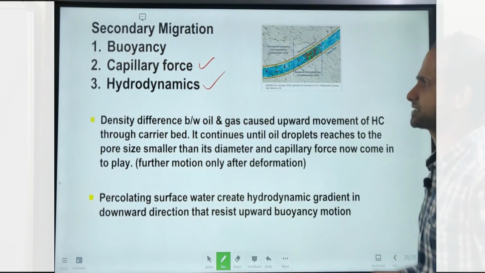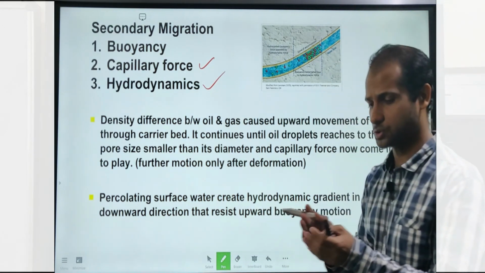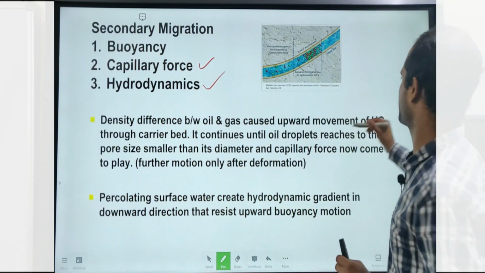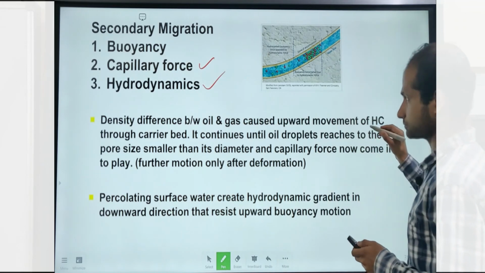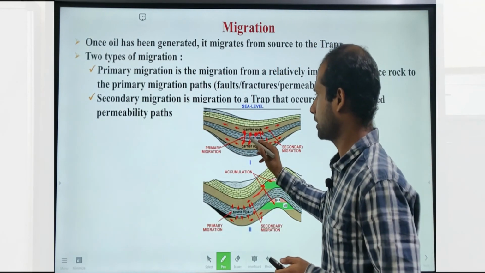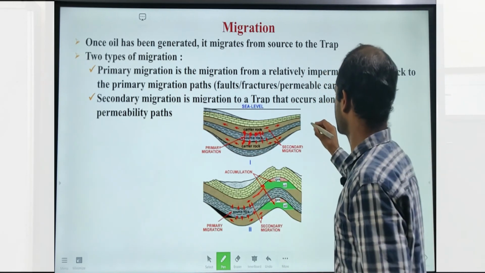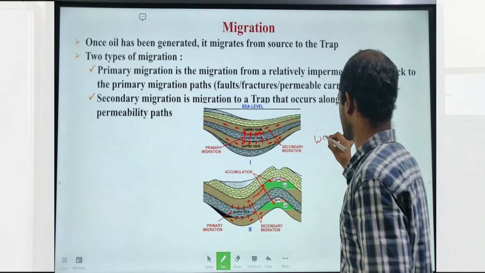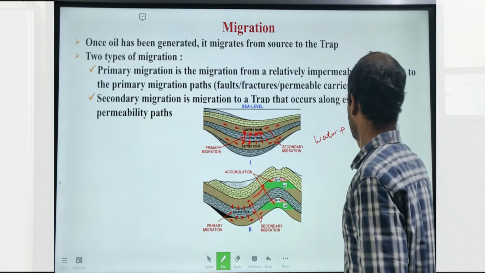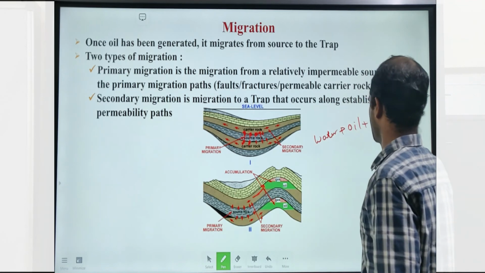Hydrodynamics we have already discussed. So what happens when this hydrocarbon moves from source rock to the carrier bed? What components does it have? It has water molecules along with oil and gas.